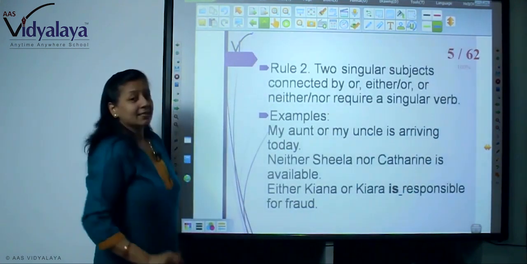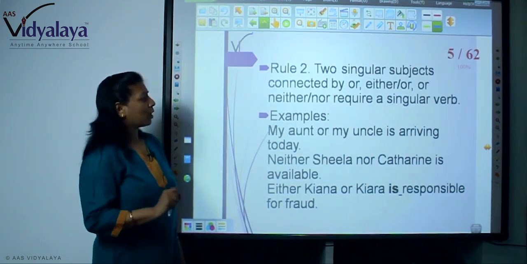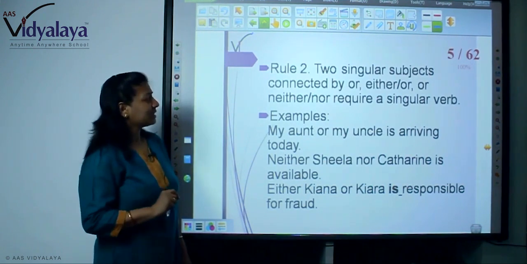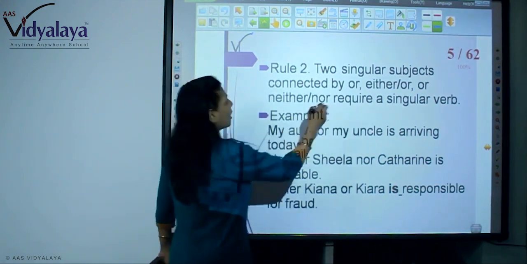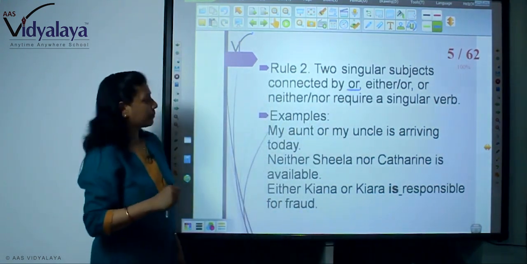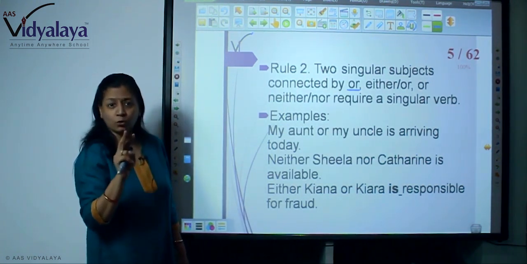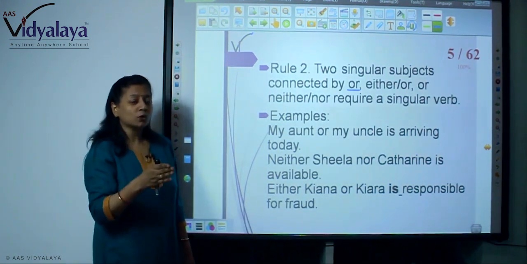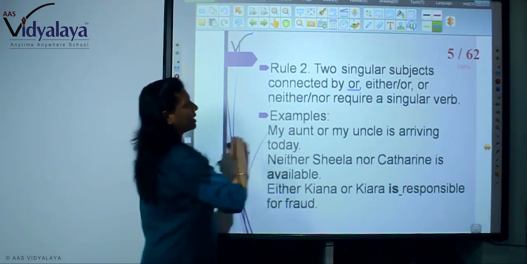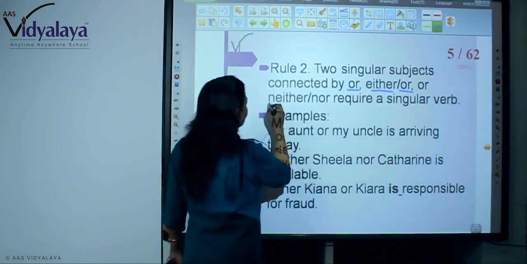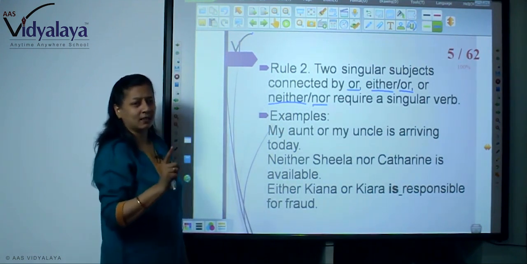Next, second rule. Two singular subjects connected by or, either or, neither nor require a singular verb. Why? Because or, that is optional. Either or means one person will do the thing, not both. If you are not getting both words, that means your subject is singular. Either or, neither nor, that means only one subject is there.